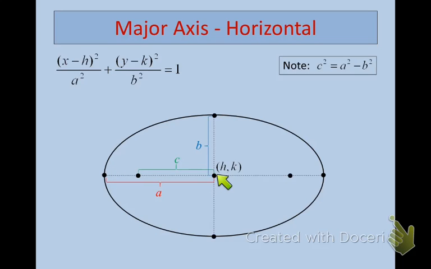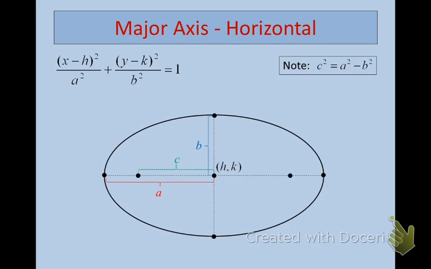The distance of B is from the center out to one of the endpoints of your minor axis. So in other words, half of your minor axis's length. And the distance of C is the center out to a focus, if I'm talking about 1.